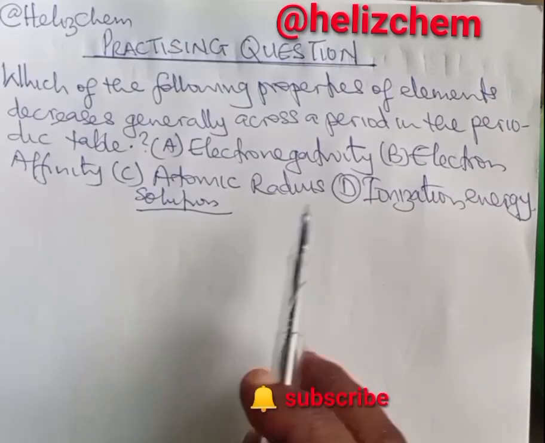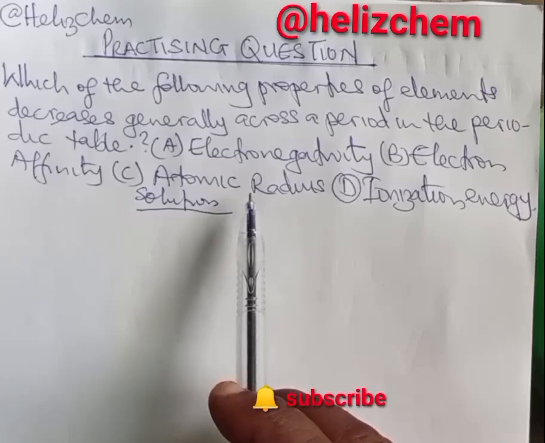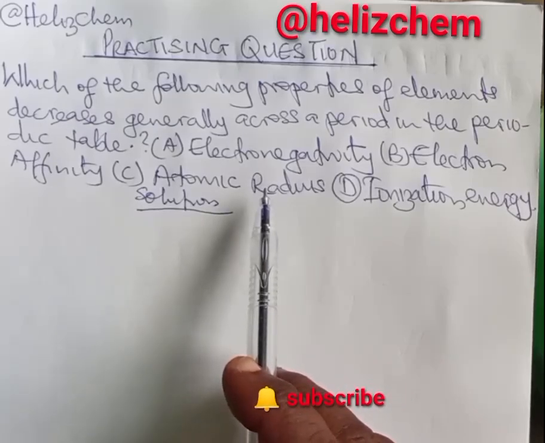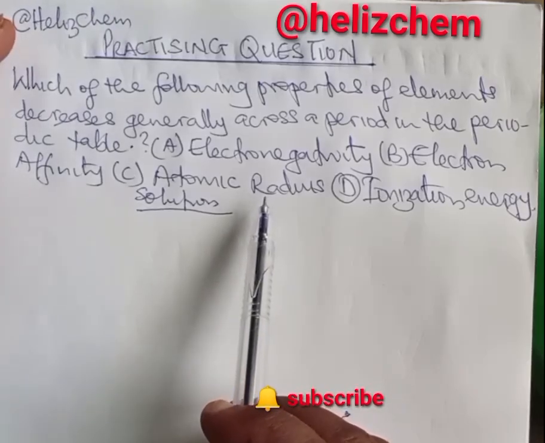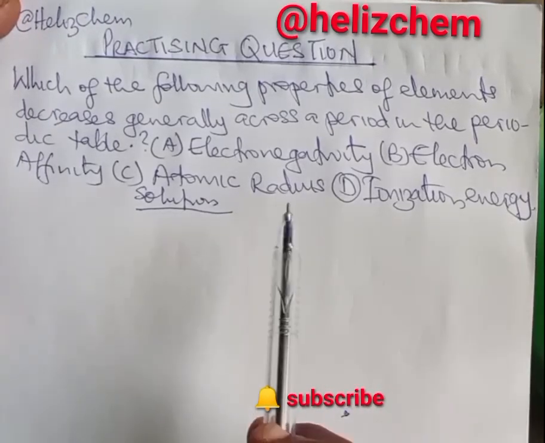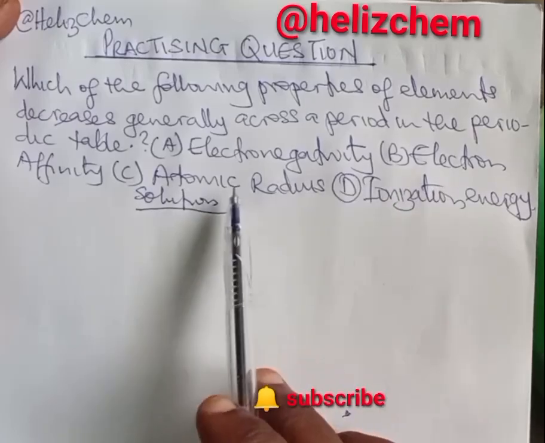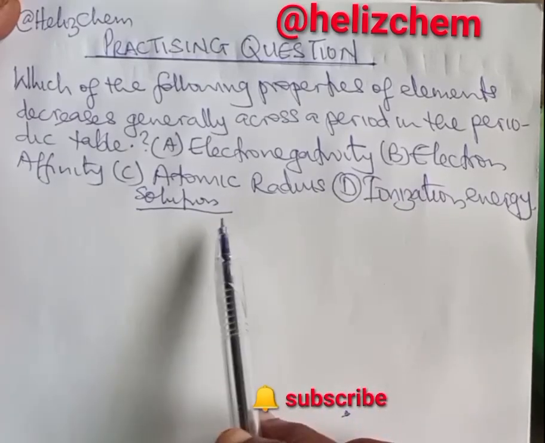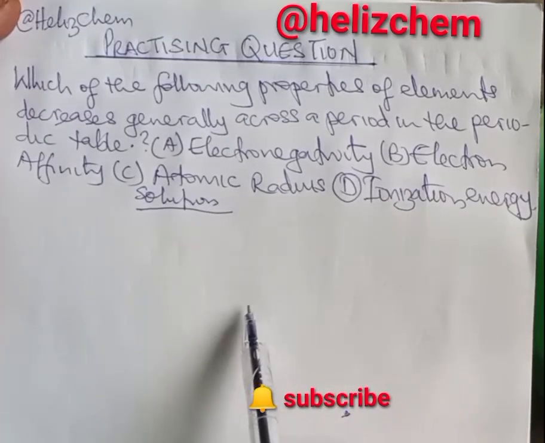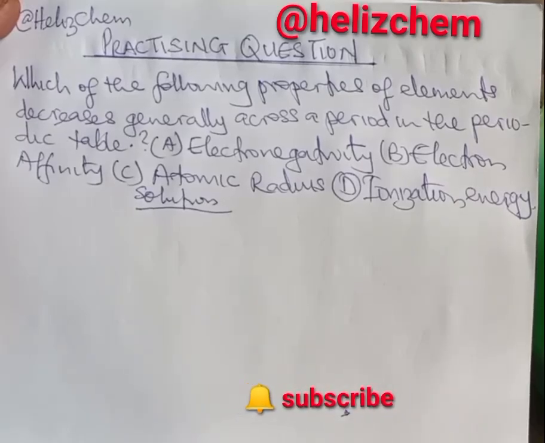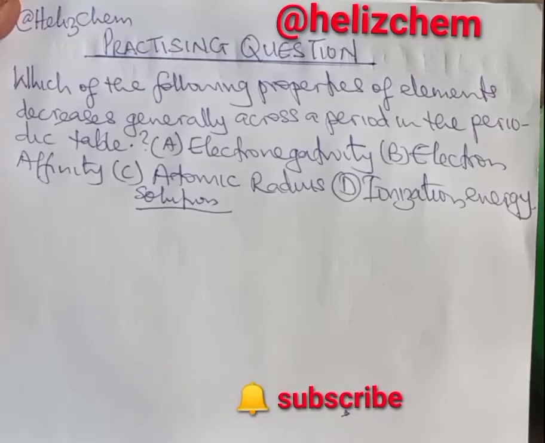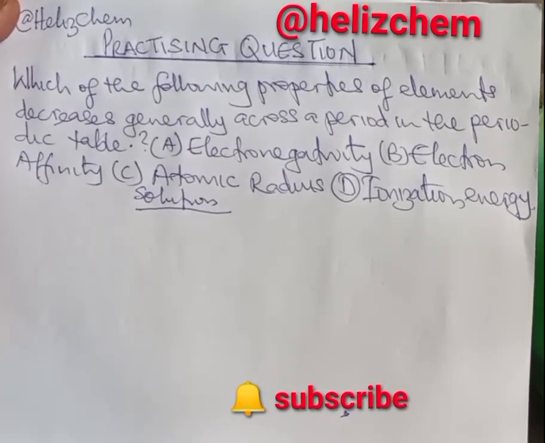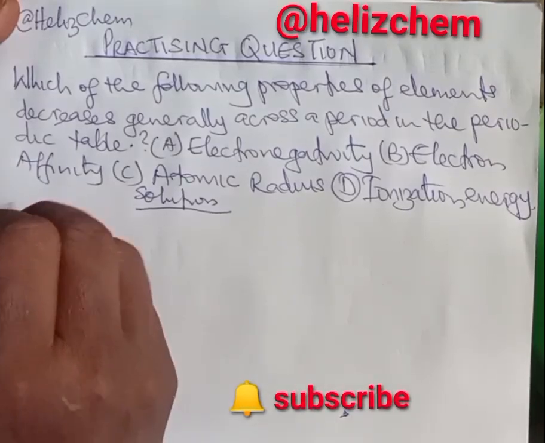I want you to recall that in one of my videos that I did on periodic table, I've listed these atomic properties and how they vary across the period or down the group. And I gave you acronyms that you can use to get your answer offhand. What are these acronyms? Let's recall.